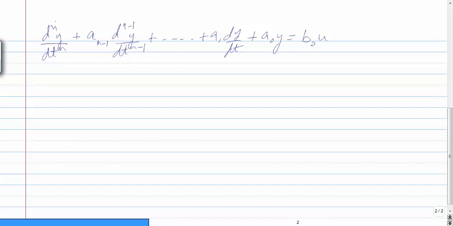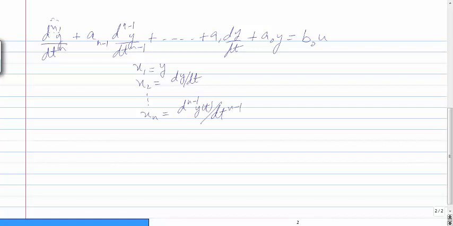What we do, we look at the highest derivative here. It is n, so we need n state variables, but we start assigning state variables not from the highest derivative, but below it. So we start x1 equal to y, x2 equal to derivative of y, and so on up to xn, that is equal to the n minus 1 derivative of y.